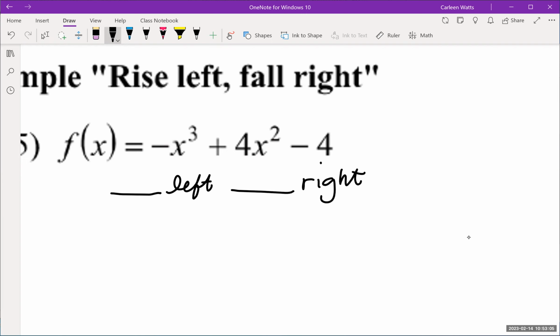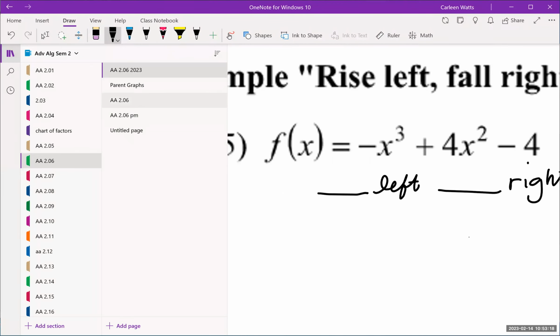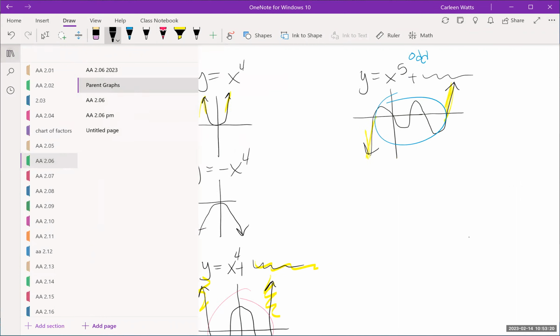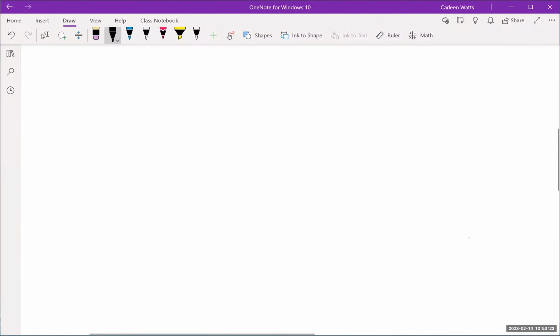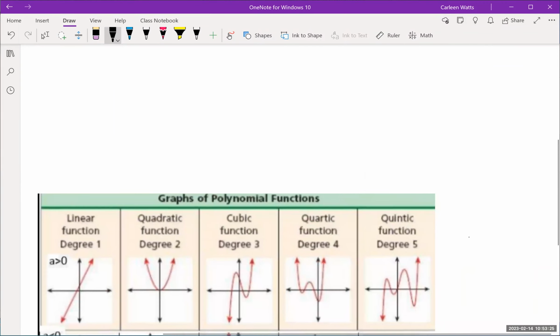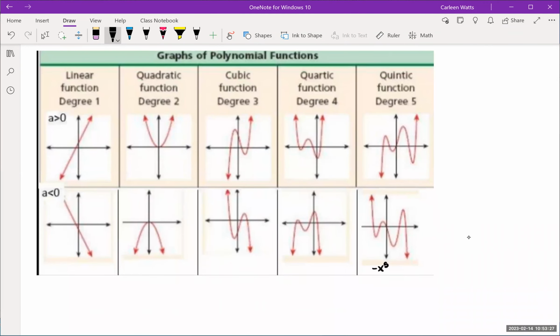Okay, how about this one? Sketch a little parent graph and fill in the blanks. So we're going to look at this negative x cubed. Negative x cubed, degree 3, right? So there's our parent graph.